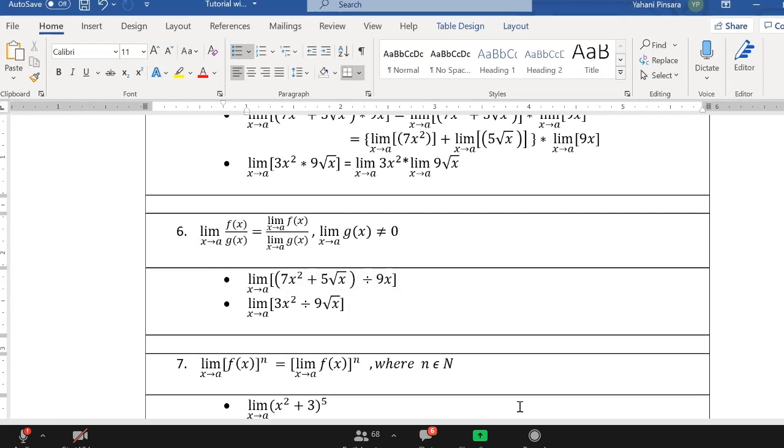What happens here is fx has come into this place along with the limit, and gx has come to this place along with the limit, and this division comes in between the two limits. That's what has happened, right?